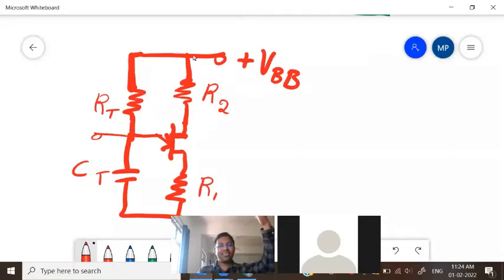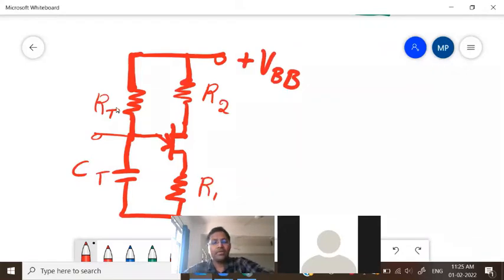So initially the capacitor charges through RT. When the voltage across CT becomes greater than the peak voltage of the UJT, the capacitor discharges in this path until the valley point is reached. Once the valley point is reached, the capacitor again charges through RT.